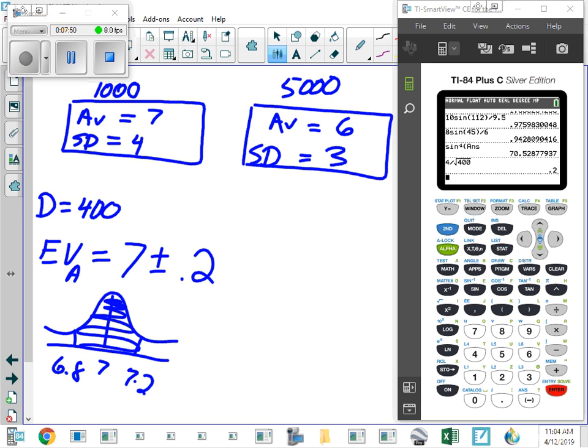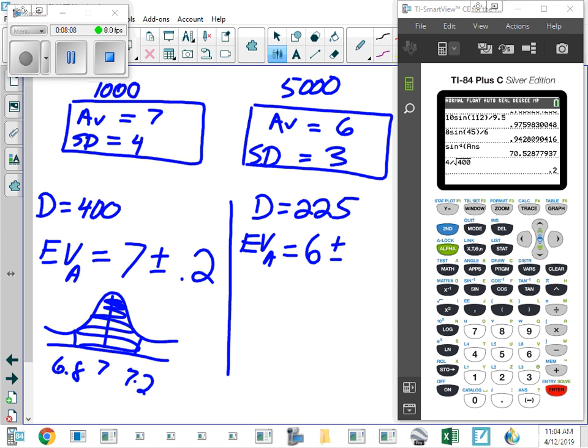Okay? Well, what if you draw 225 times out of your box? What is your expected value for the average? 6. Plus or minus what? 3 divided by the square root of 225, which is 15, gives 0.2.